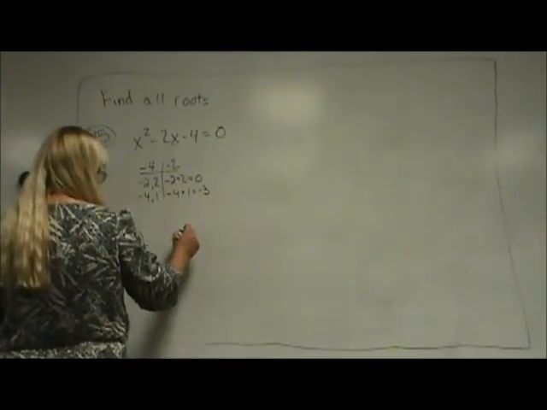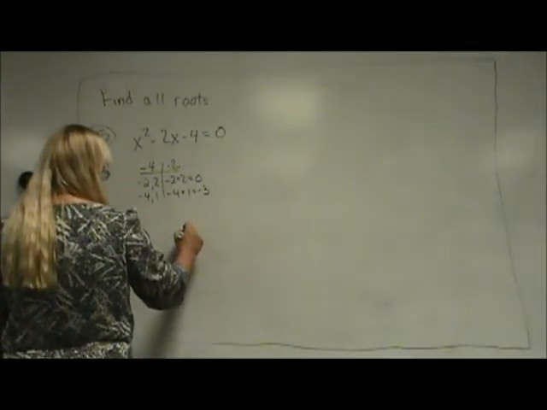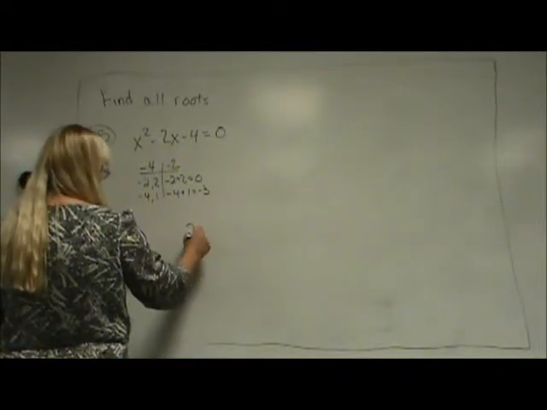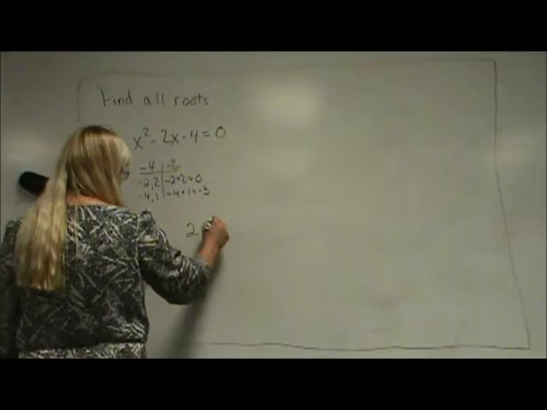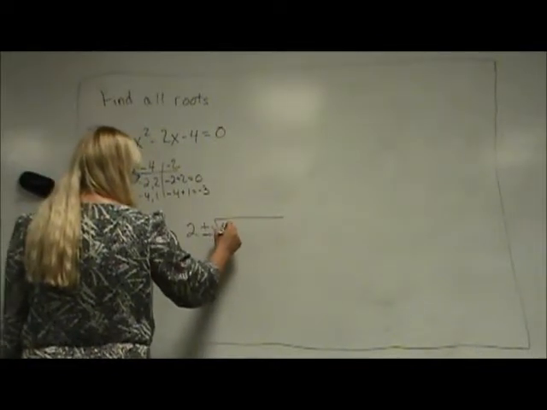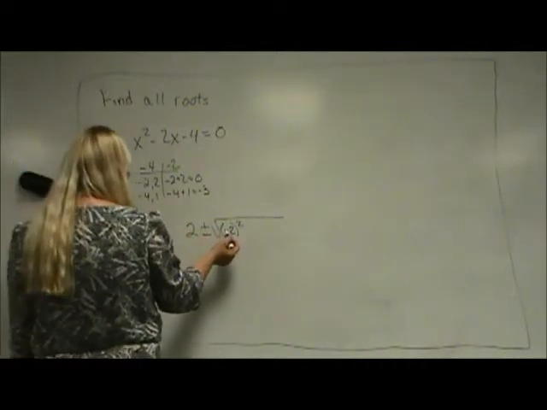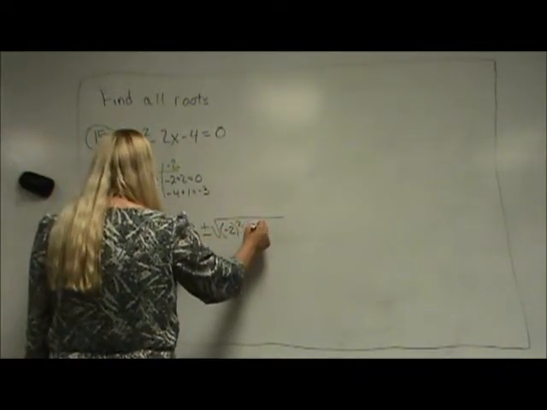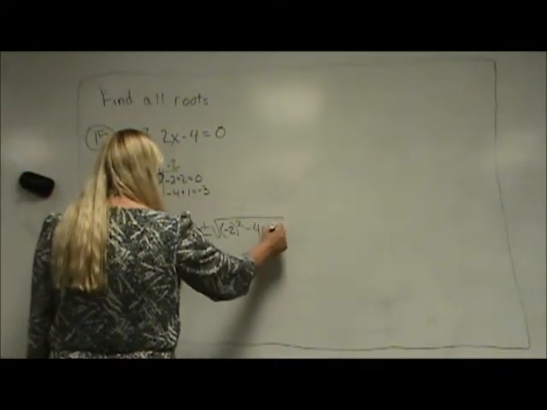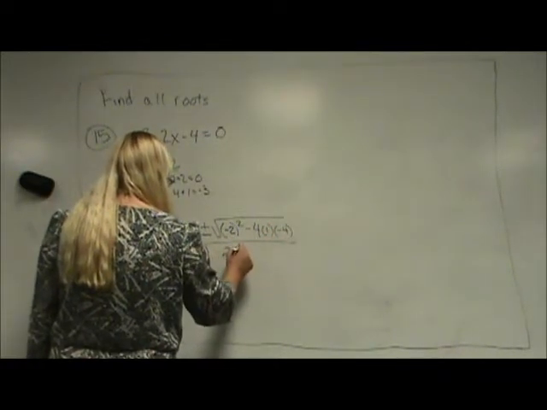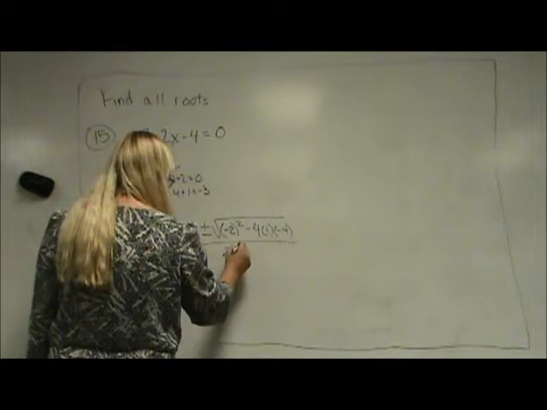So I have a negative 2, so I have a positive 2 then, plus or minus square root of negative 2 squared. Remember, you're squaring that whole thing, not just a 2, minus 4 times 1 times negative 4, all over 2a, 2 times 1, sorry.